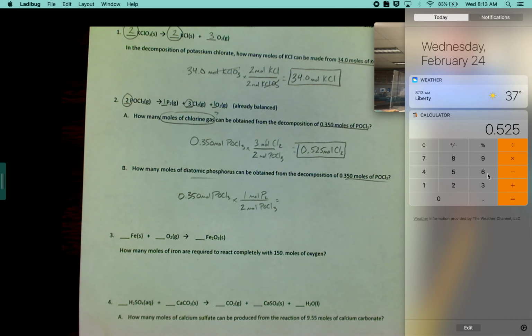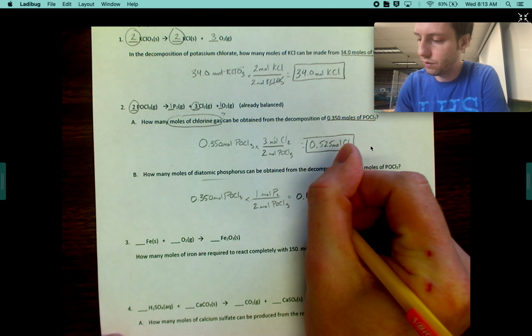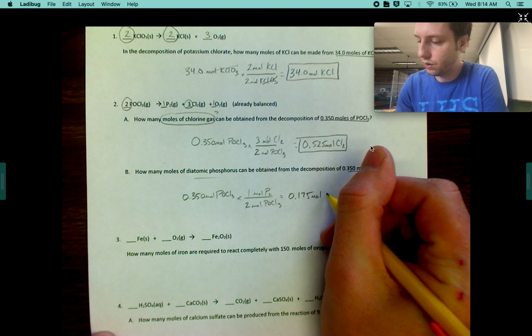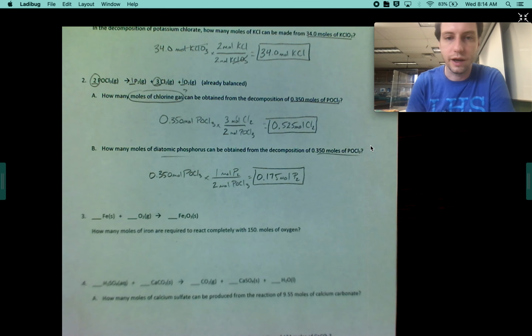Plug it into my calculator. 0.350 times 1 divided by 2, 0.175. And that is moles of P2. And there you have it.